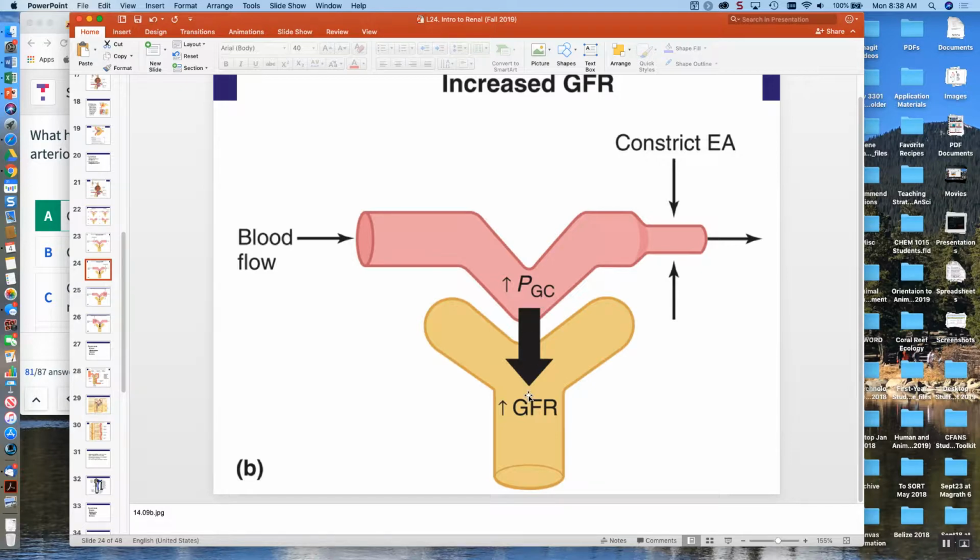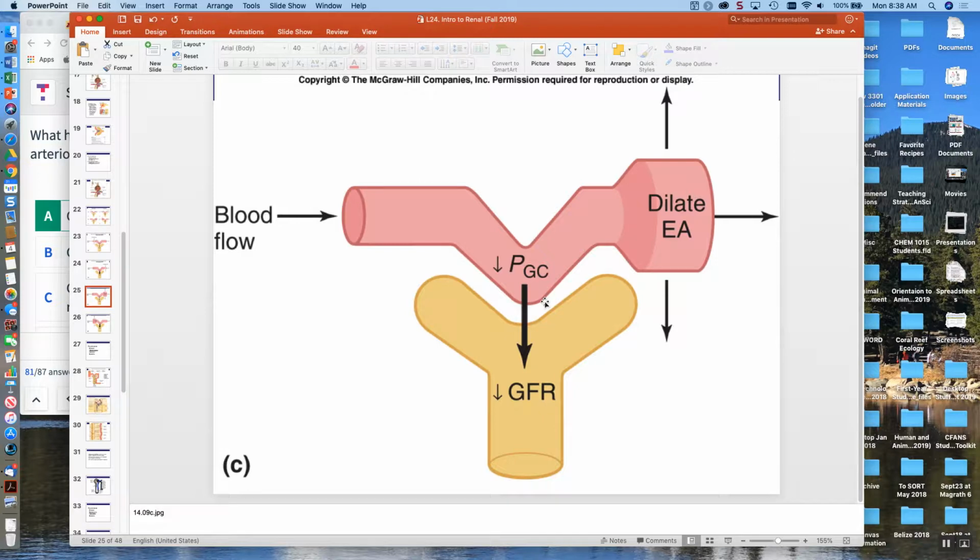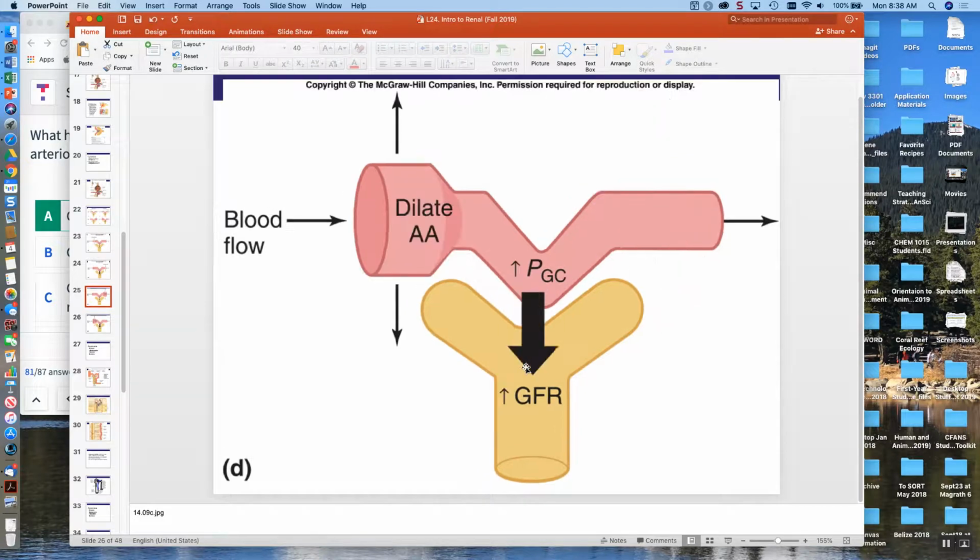This is like that garden hose physiology. If you kink the hose, the hydrostatic pressure upstream will increase. If you dilate the efferent arterioles, it's going to decrease hydrostatic pressure in the glomerular capillaries and decrease flow. And this is what the question I just asked on Top Hat pertains to. If you dilate the afferent arterioles, that brings more blood into the area, increasing the hydrostatic pressure in the glomerular capillaries and increasing flow. Okay? So, good job on that.